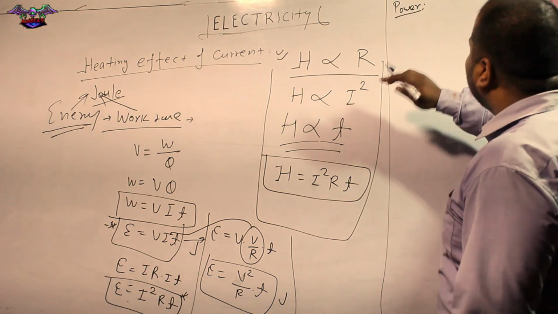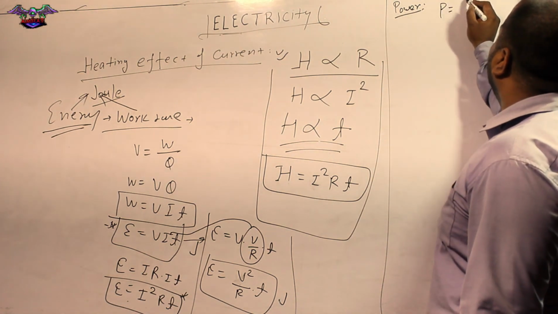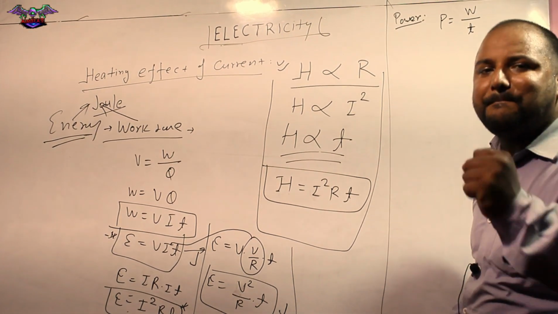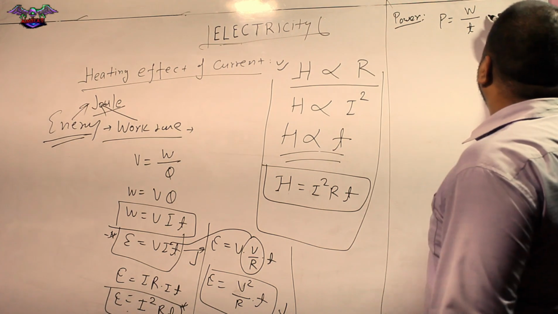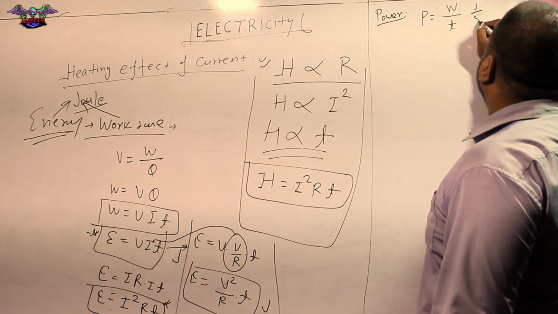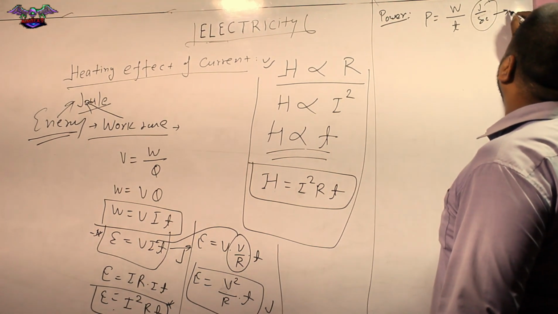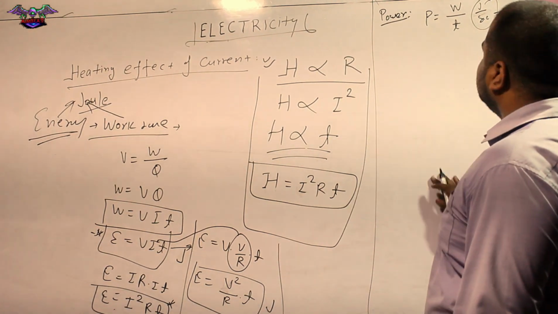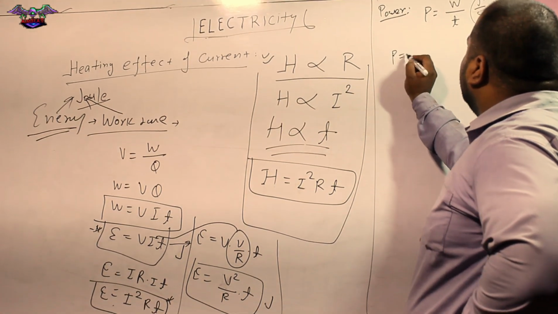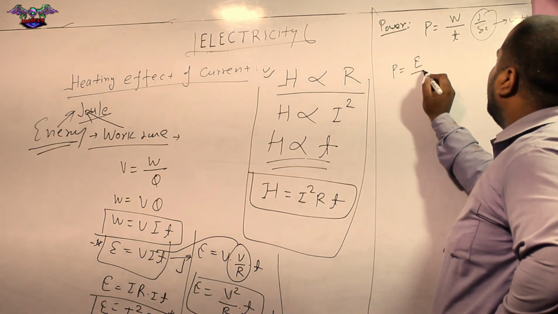What is power? We know very well: work done per unit time is called power. So the power unit is watt, which is joule per second. Now power equal to W upon T, where W is energy upon T.